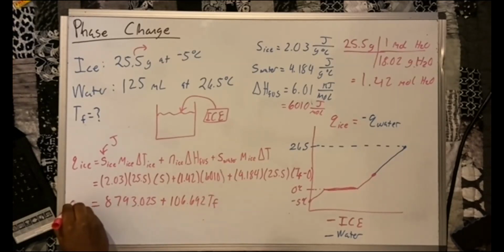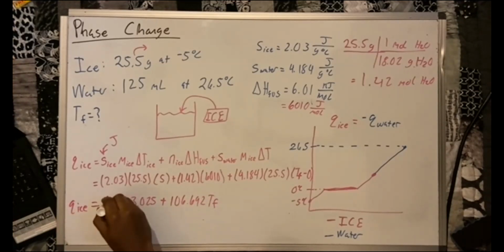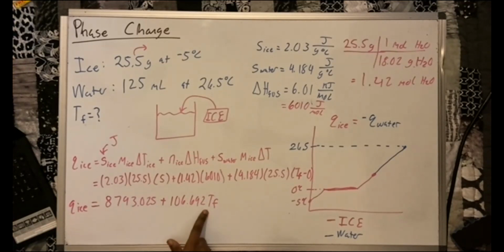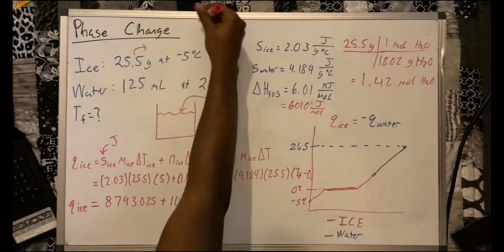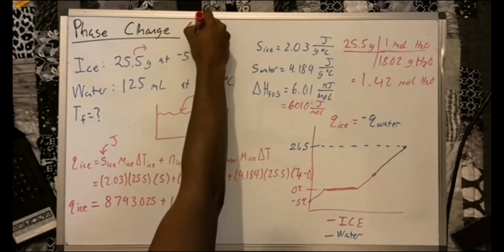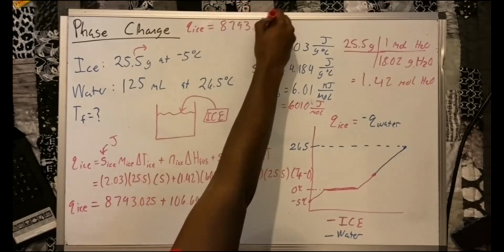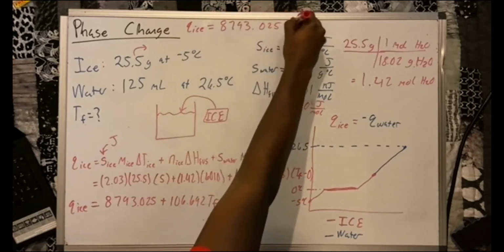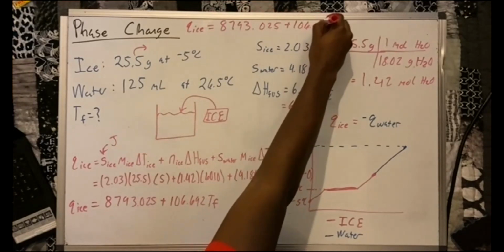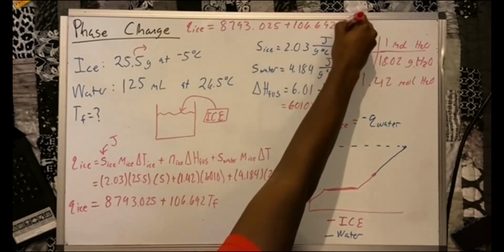Okay, so that's my Q right now. So we have Q ice in terms of TF. I'm going to write this up here so I don't forget it: Q ice equals 8793.025 plus 106.692 TF.